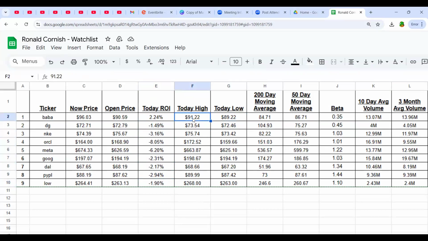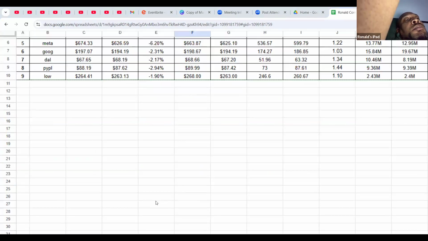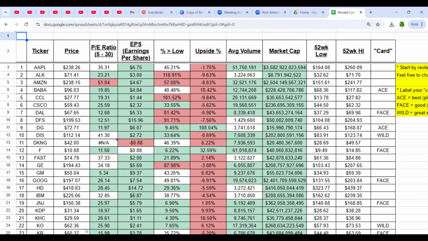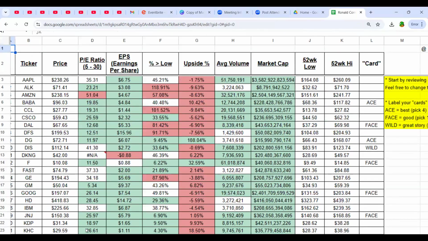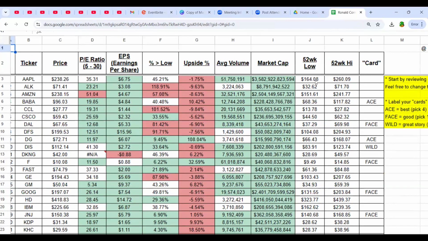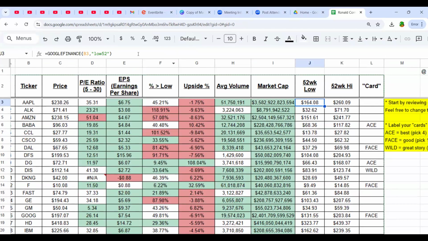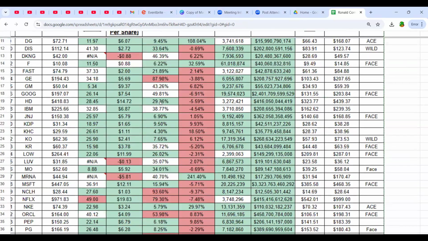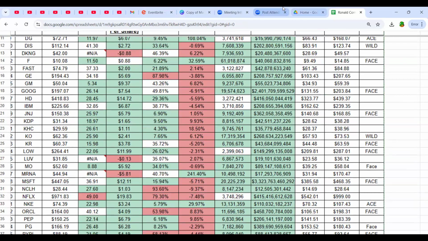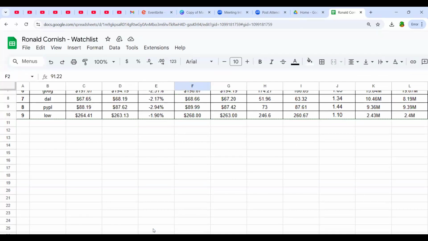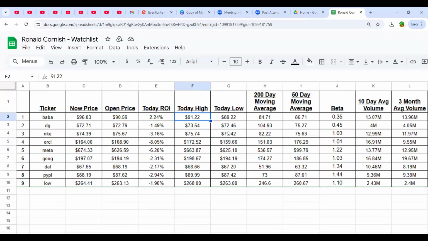Now you put these numbers in here, right? Yeah. Okay. So it took the price you entered for the low and the price you entered for the high.